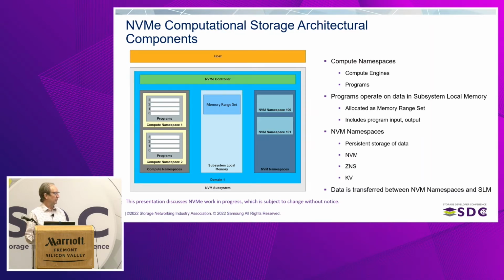And you have KV, or key value, which is a totally different format of persistent storage of data. All 3 of these are defined already in NVMe, and all 3 of them could be used for moving data from that namespace into the memory range set or out of the memory range set. So data is transferred between NVM namespaces and subsystem local memory and then used by the computational programs.